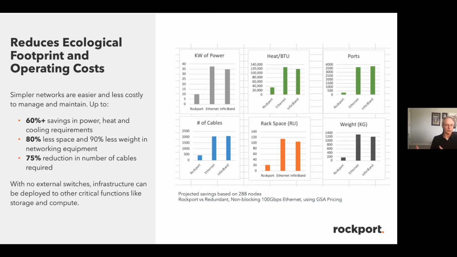There are other places where we're seeing requirements on businesses for looking at the ecological footprint of a data center. So this is where we think there's some real significant benefit that can be derived from looking at a Rockport network as opposed to a traditional spine leaf architecture that's been around for a long time.